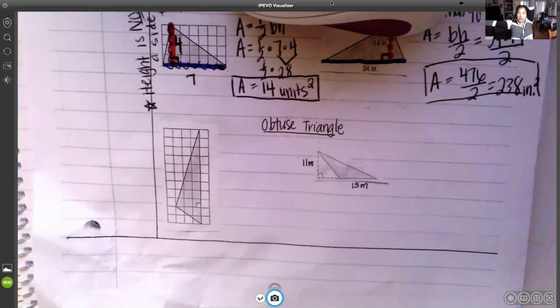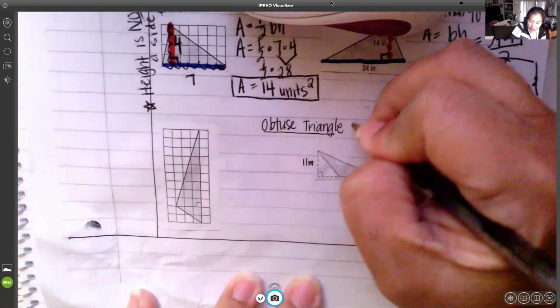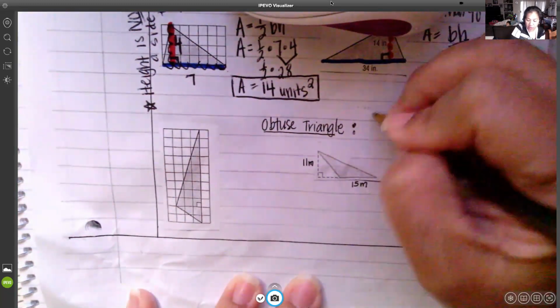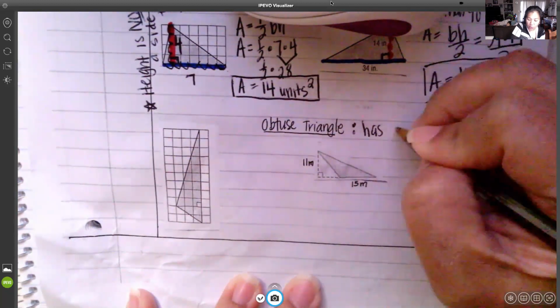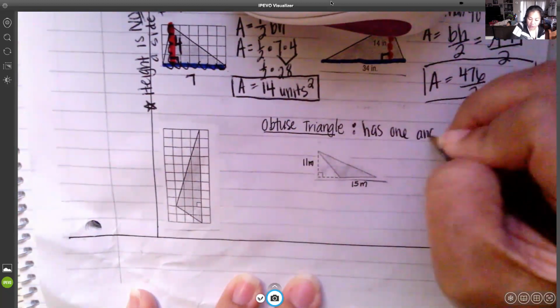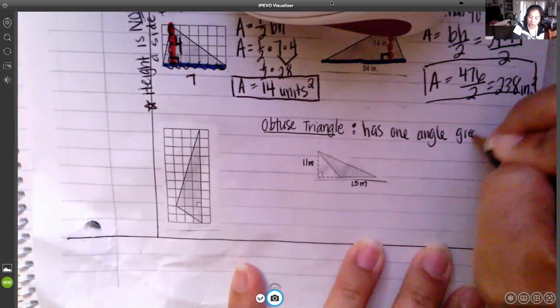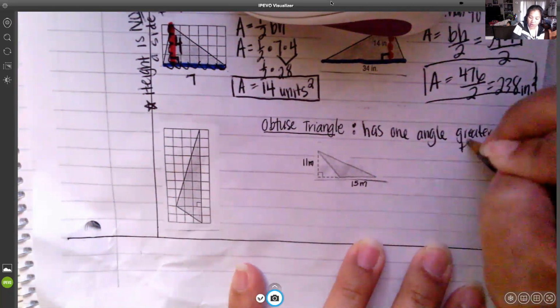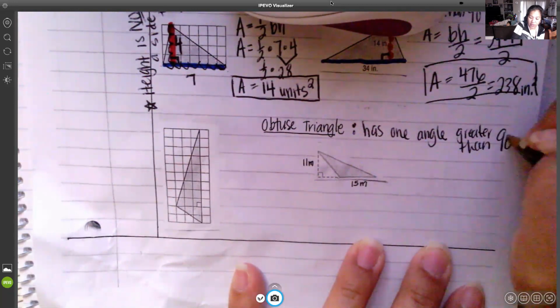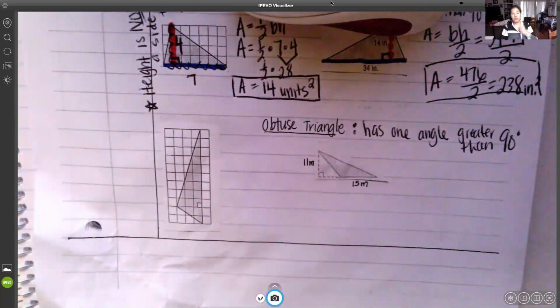So if this is 90, one of them has to be greater than 90. That's what an obtuse triangle is.